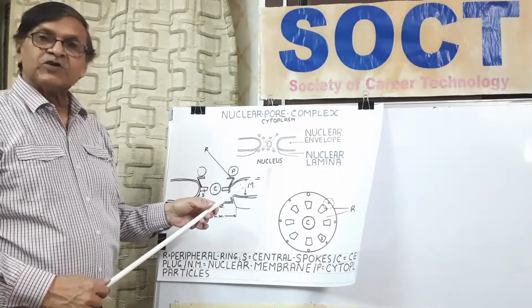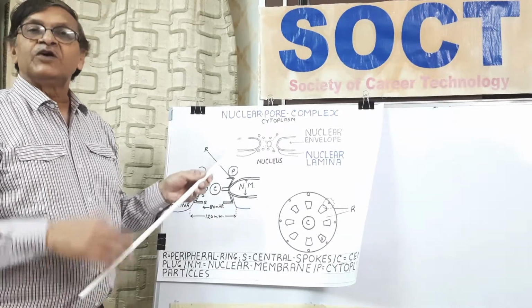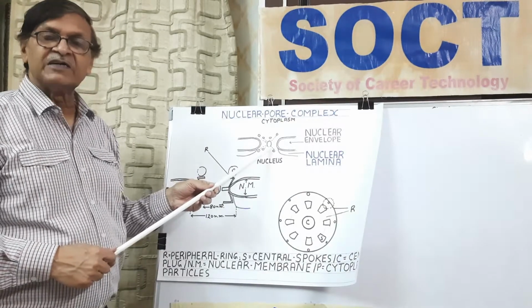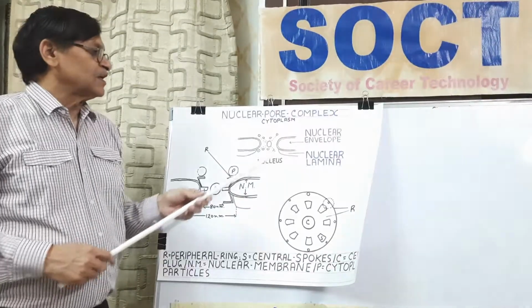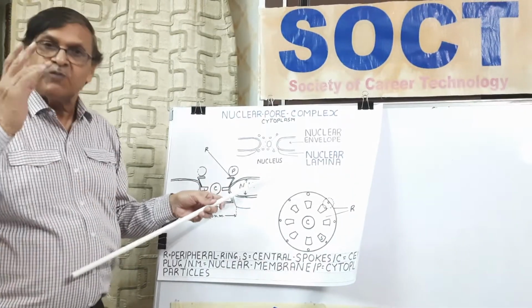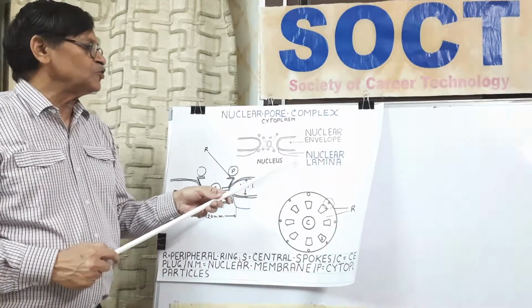So of course there is a pore, but normally it is kept plugged by a central plug, and just below the nuclear membranes there is one more structure called nuclear lamina.